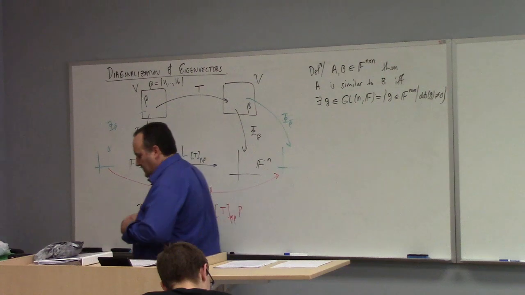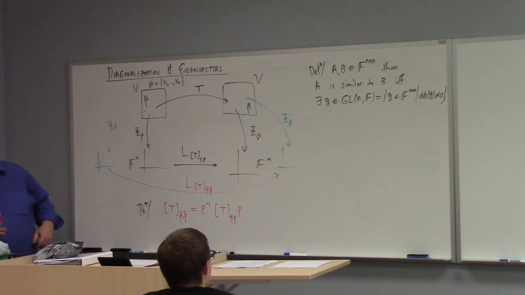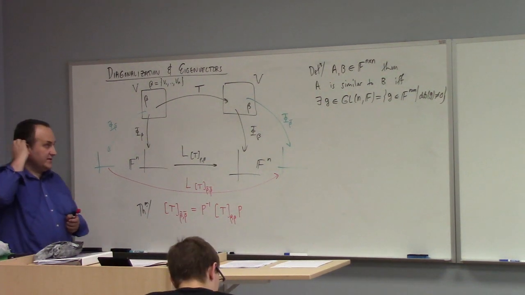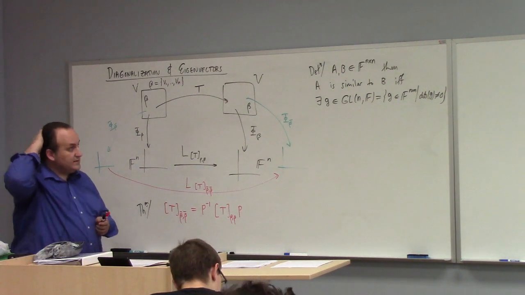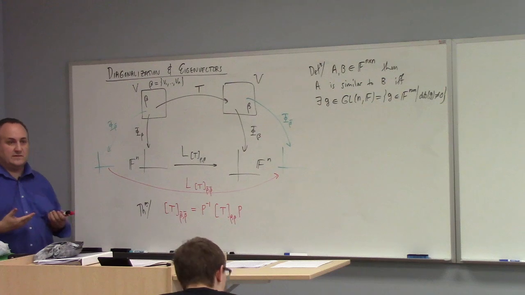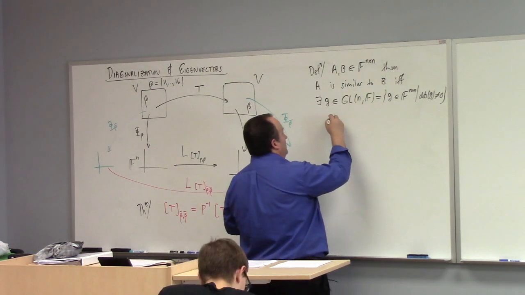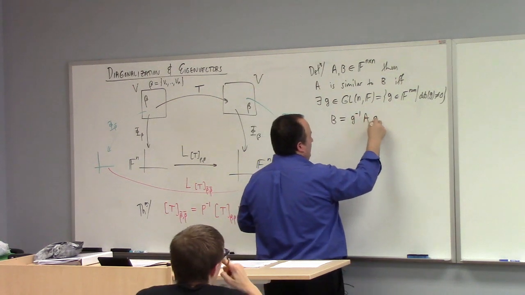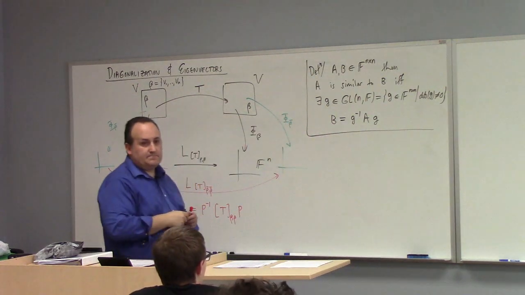I don't know if I've used that notation in here before. I guess I haven't. That's the so-called general linear group of n by n matrices over the field. It's simply the set of all determinant non-zero matrices, right? Those are the invertible matrices. And A and B are similar if B is equal to G inverse AG, like that. That's our definition of similarity of two matrices, right?